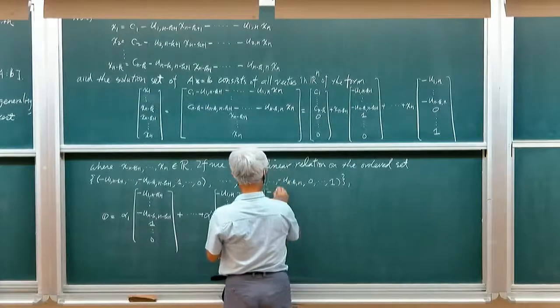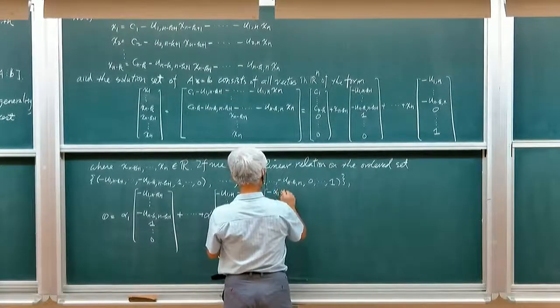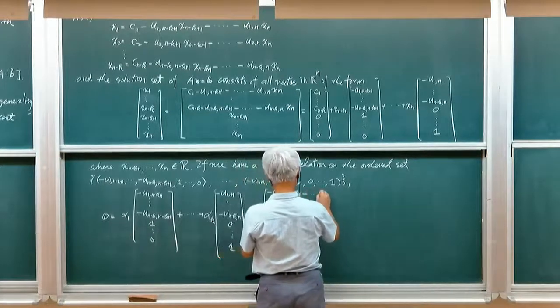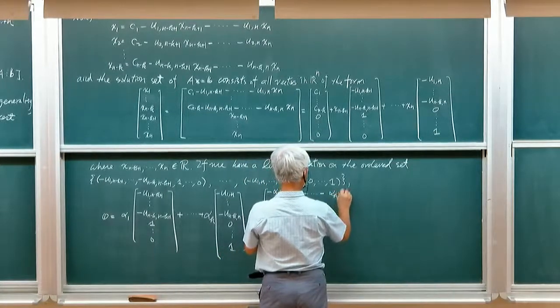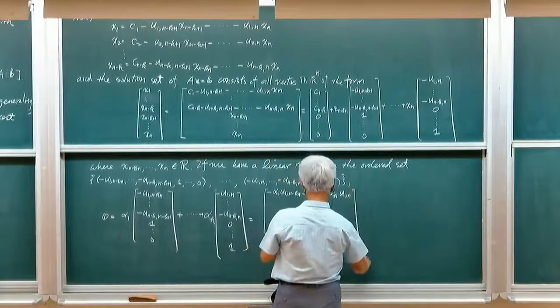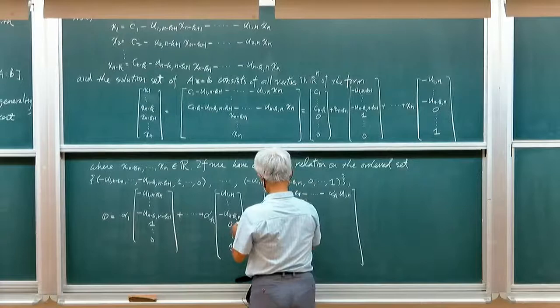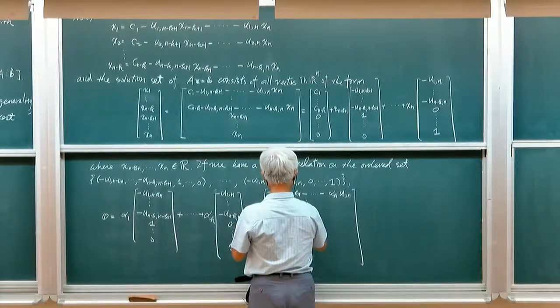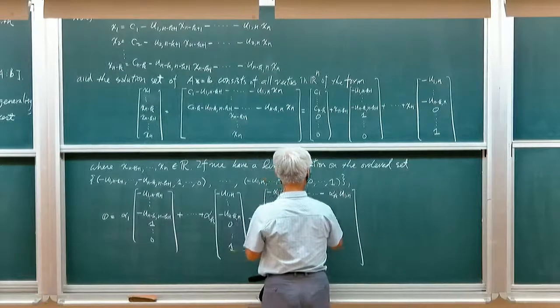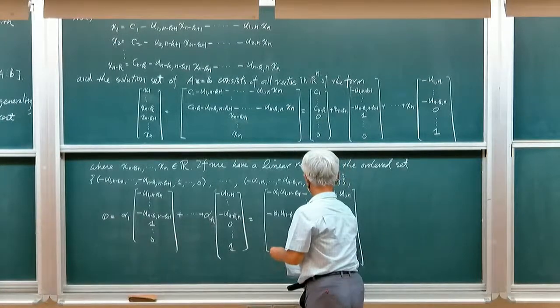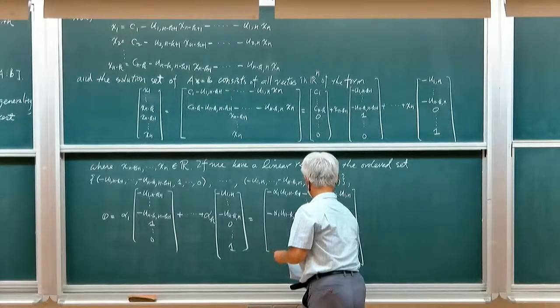So this is minus alpha 1 u1 minus k plus 1, minus, up to, alpha k u1n, and minus alpha 1 u minus k plus 1, minus alpha k u minus kn, and here is alpha 1 up to alpha k.